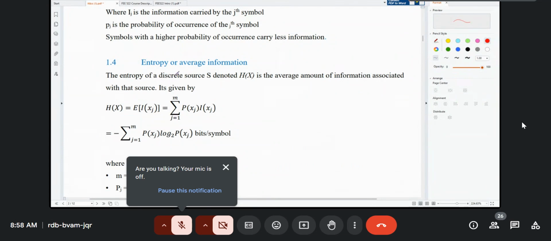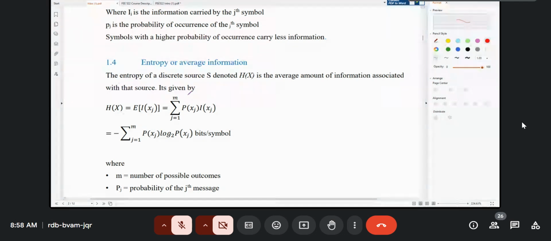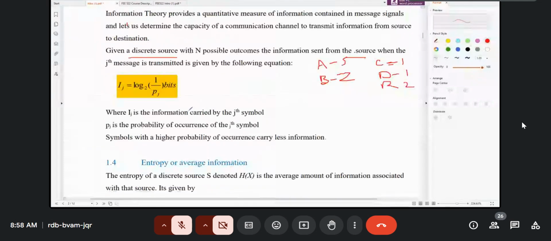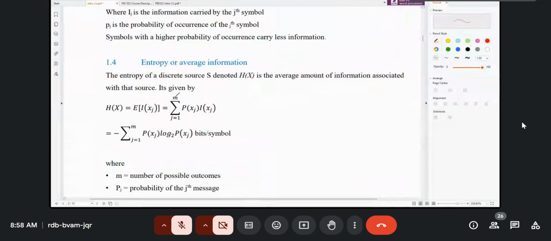And then we introduce the concept of entropy, or average information. I think we are going to show this just below here. Whenever you talk of entropy, we are talking about the entropy of a source. Entropy is associated with a discrete source.